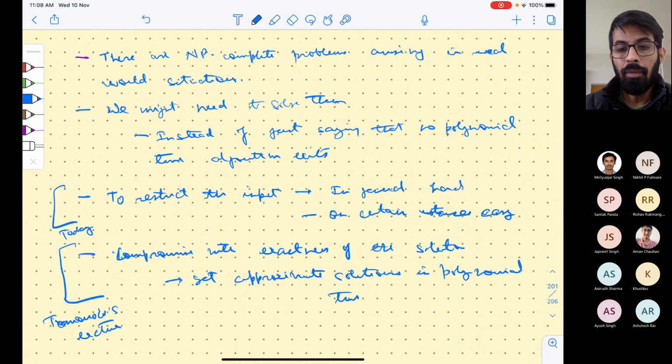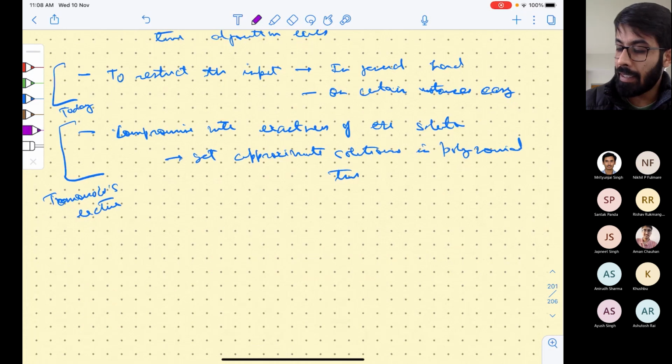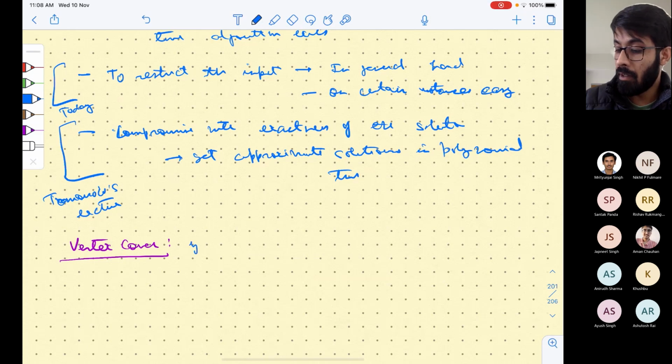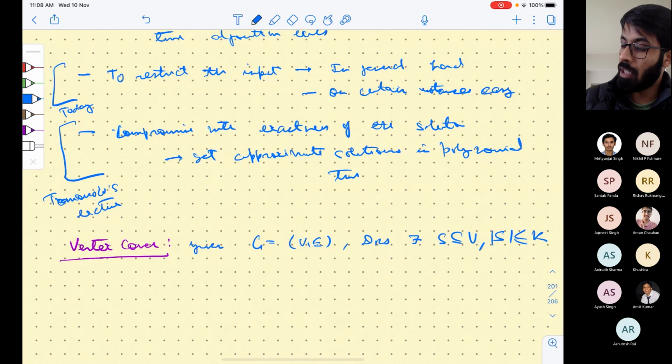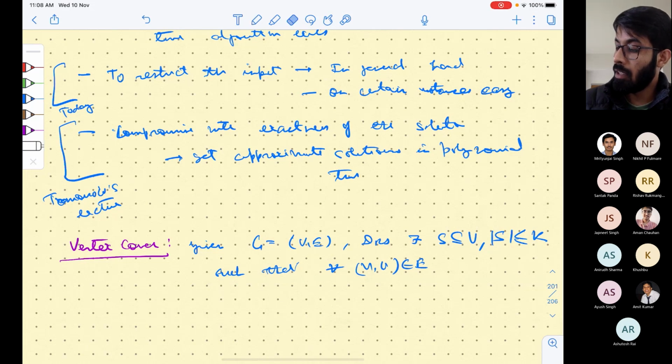Restricting the input, right? So one of the problems that we have seen, which is NP-complete, is vertex cover. Given G equals (V, E), does there exist S a subset of V of size at most K such that for all uv in E, {u, v} intersection S is not equal to empty?